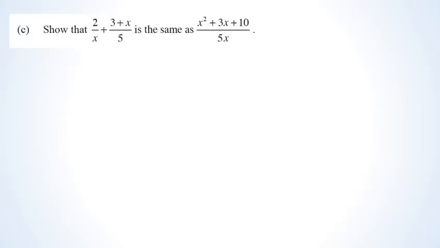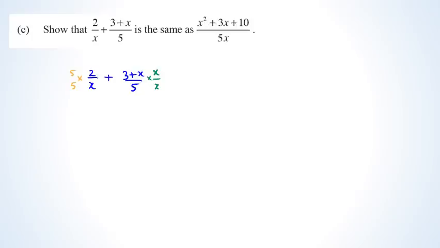Okay, question C. They're asking you to show that these two fractions are the same as the one on the right hand side. So what you can do is 2 over x plus 3 plus x over 5. Now because 5x is the common denominator between the two, I'm going to multiply the right one by x and the left one by 5.